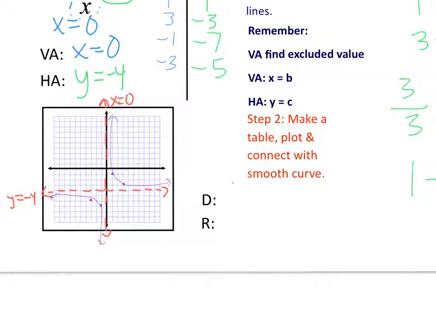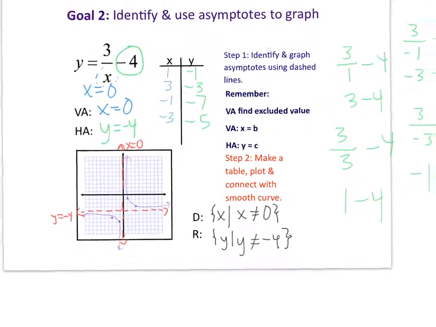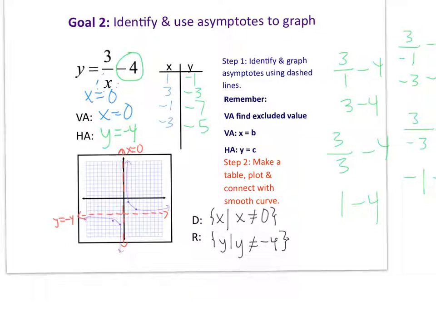So for the domain, again, I write in my bracket and I say for all x's such that x cannot be, and then whatever my vertical asymptote is, here is 0. And then for my range, for all y's such that y cannot equal, here my horizontal asymptote is at -4. So that is my domain and range. And here are the characteristics and graph of the rational function y equals 3 over x minus 4.